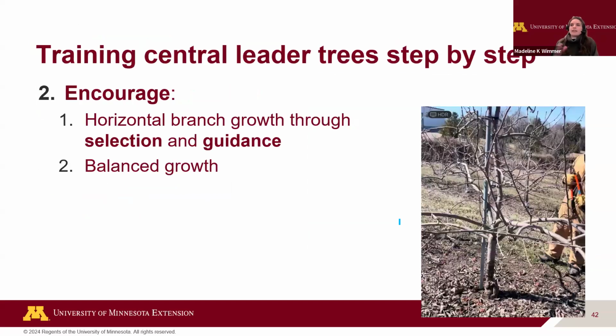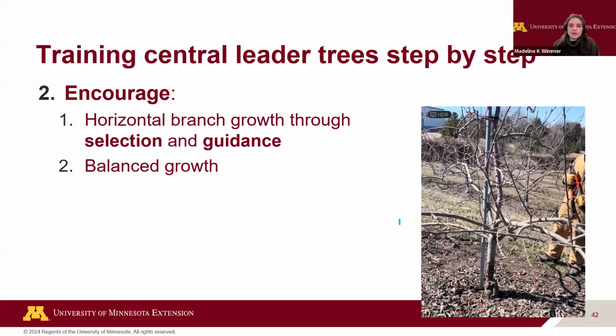And then here we come to talking about what we want to encourage during training. We want to be encouraging horizontal branch growth through selection as well as guidance. When I say guidance, that might be the case where, if you're working with a standard apple tree that takes a long time to mature and produce fruit, you may be doing some weighing down of branches, but also just encouraging balanced growth.